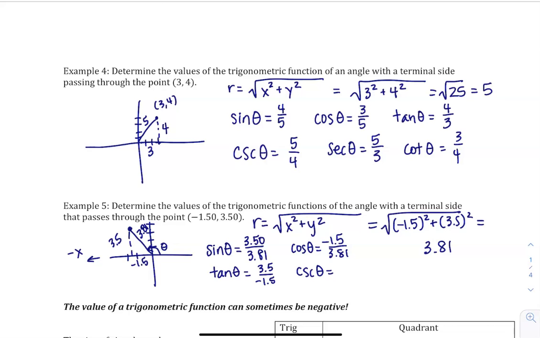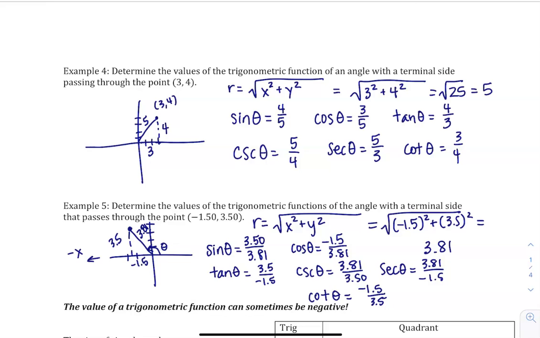Cosecant is the reciprocal of sine, 3.81 over 3.50. Secant is our reciprocal of cosine, 3.81 divided by negative 1.5, and cotangent of theta is negative 1.5 over 3.5.